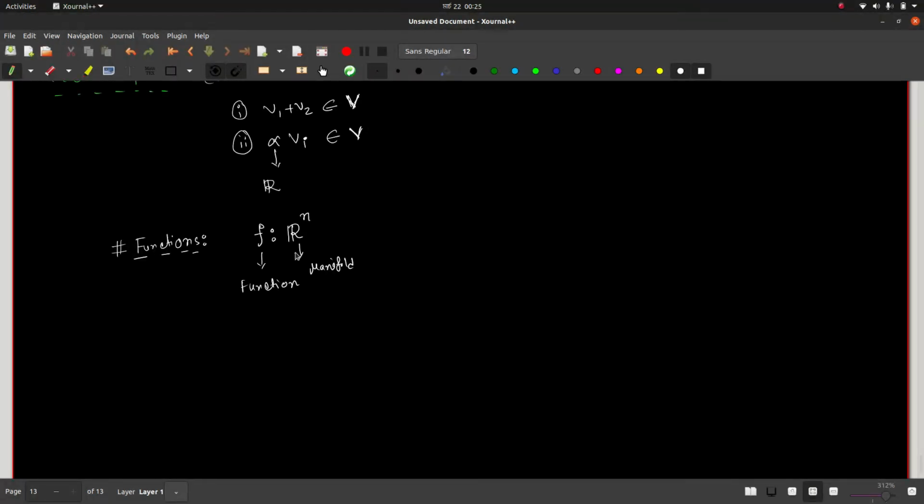To be precise, it's a point, and it maps that point, which consists of n entries, into a single real number. This is how a function is defined on manifolds.